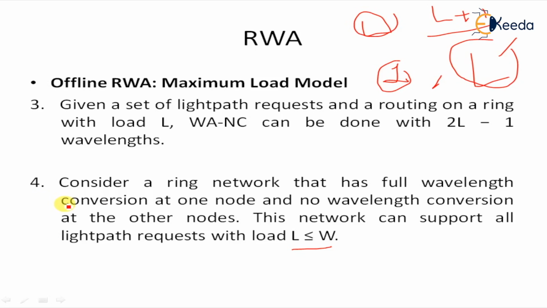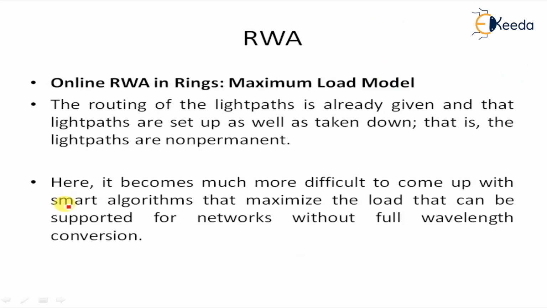So starting with the next topic: online RWA with the maximum load. In this case, the routing of the light path is already given, and the light paths are set up as well as taken down, that is, the light paths are non-permanent in the network. Clear?